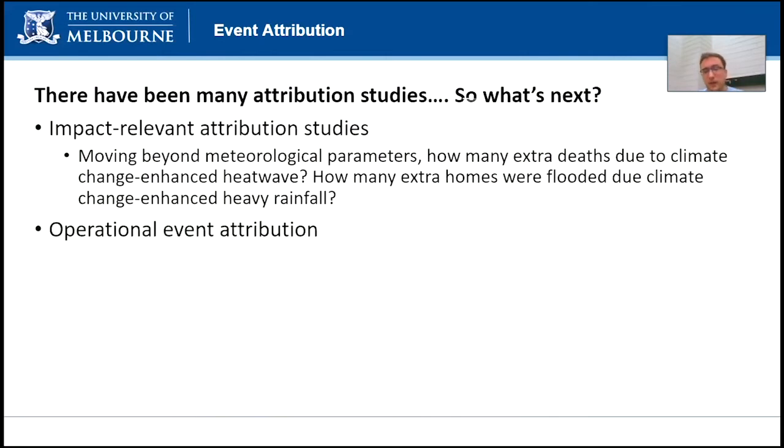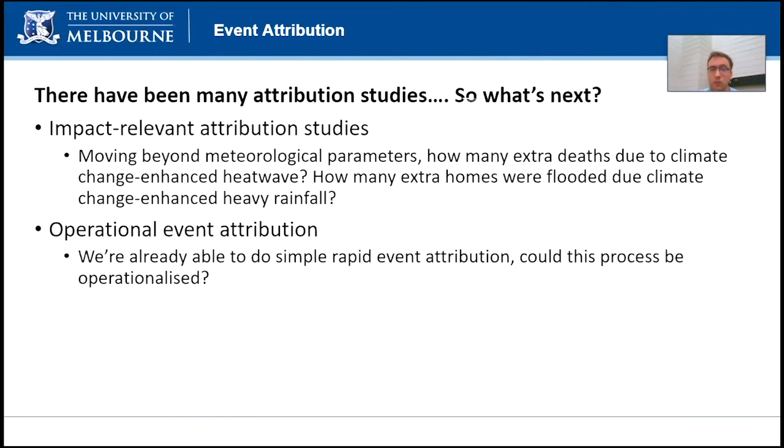And another way might be towards operationalizing event attribution. We can already do rapid event attribution studies for simple extremes. So if we're interested in, say, a hot summer in Australia, we've already got the background of peer-reviewed studies and peer-reviewed methods to be able to do this with models that we've already got the simulations for.